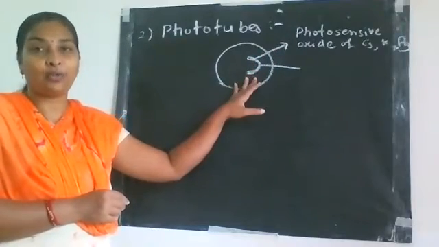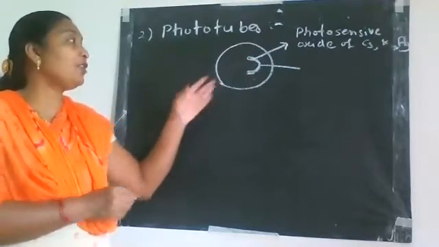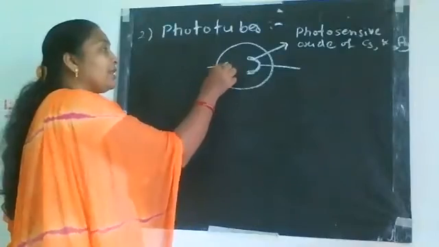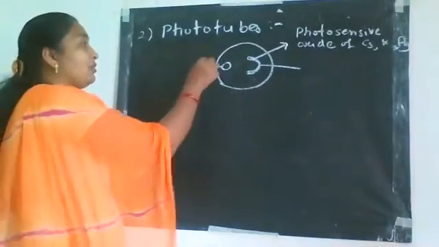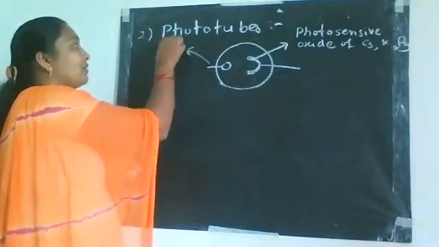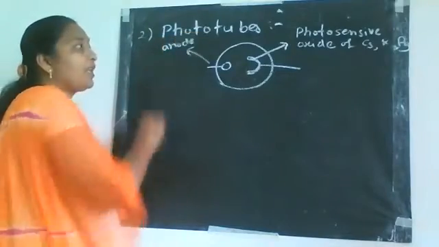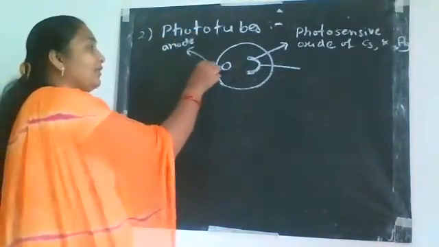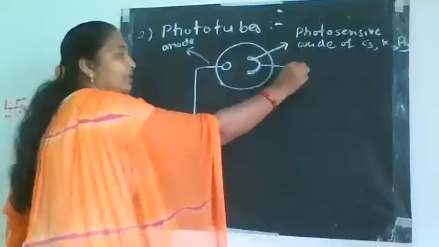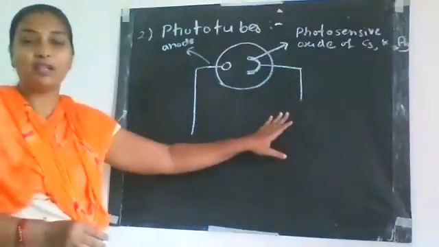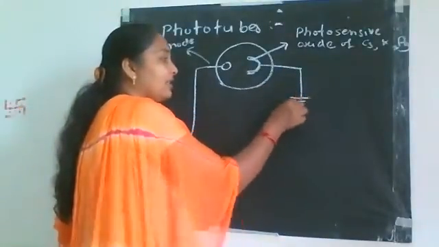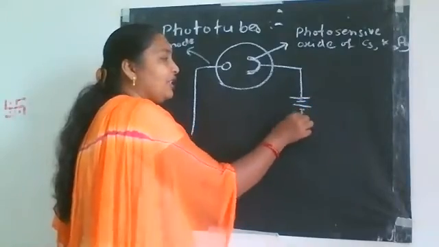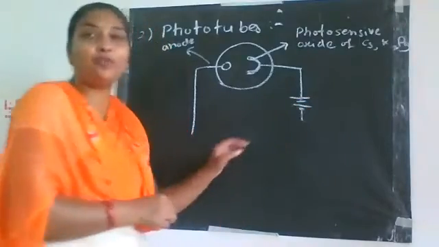Then in front of that cathode a metal ring is fitted. This metal ring will act as an anode, so I will write here it is anode. Then these two are fitted with the external circuit. Somewhere here the battery is attached, because you need an external battery to apply the voltage.